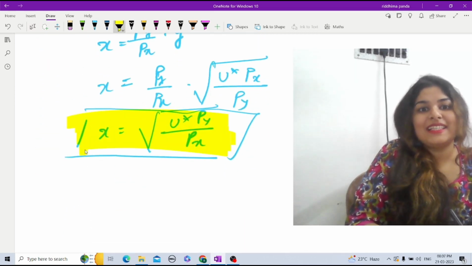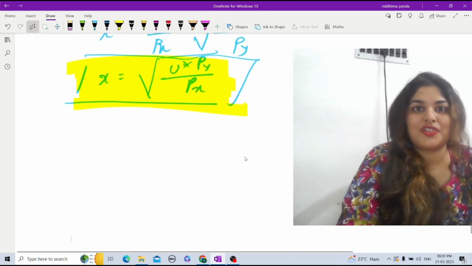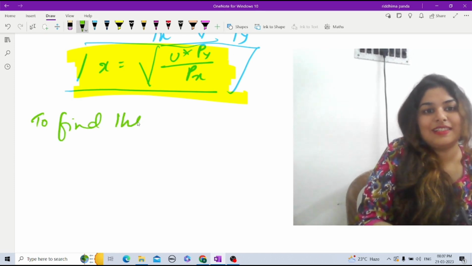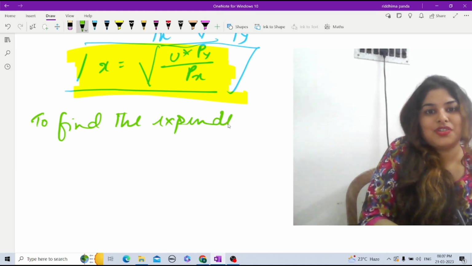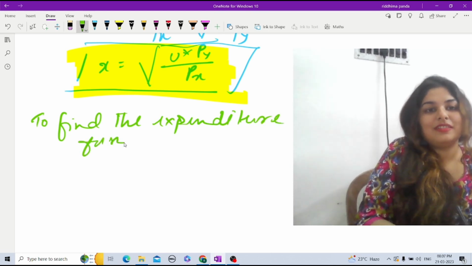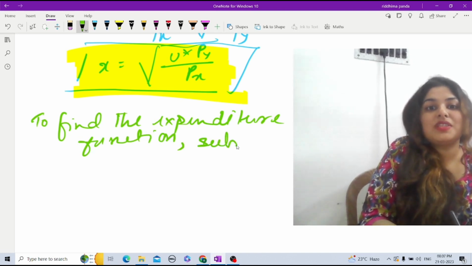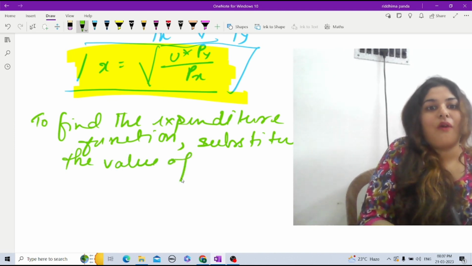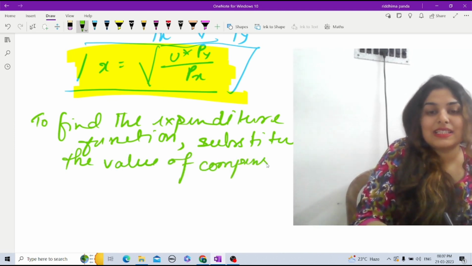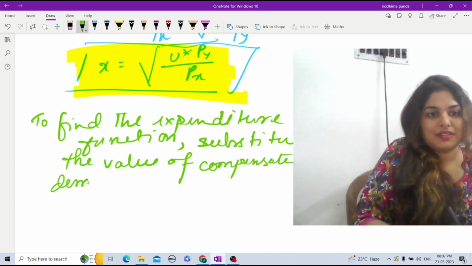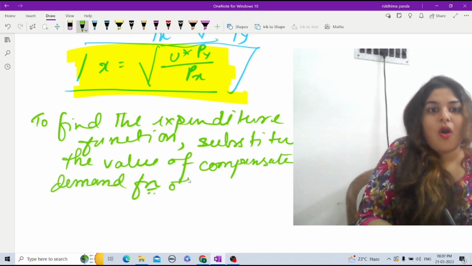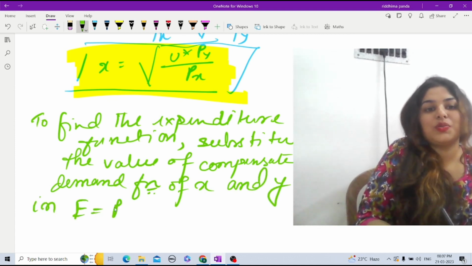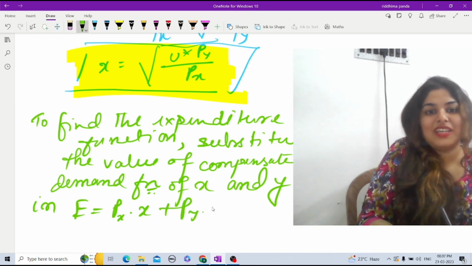Now I am going to put these x and y values in the following equation to find the expenditure function. To find the expenditure function, substitute the values of the compensated demand functions of x and y in E is equal to px into x plus py into y, right?